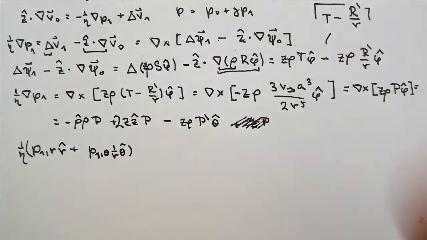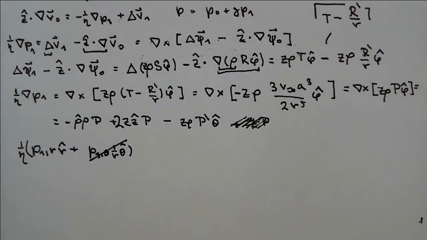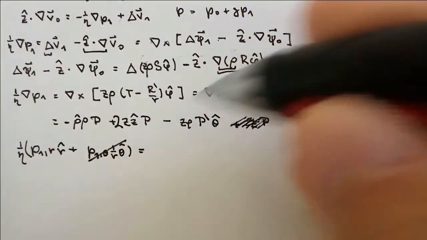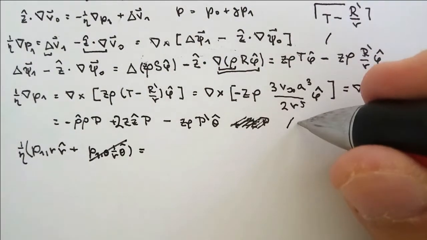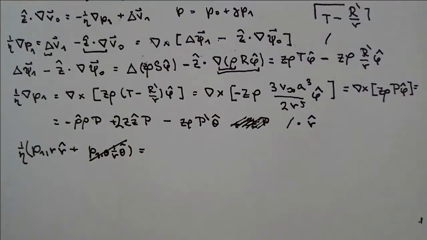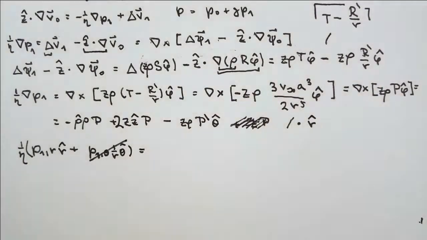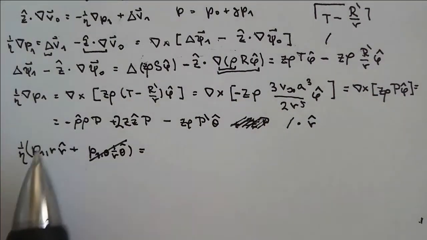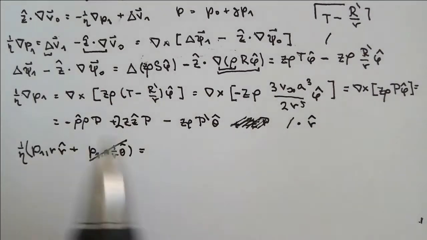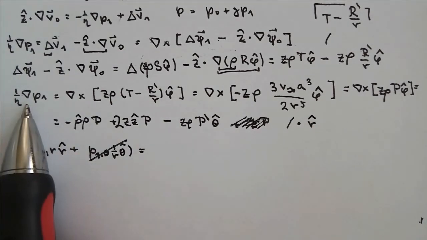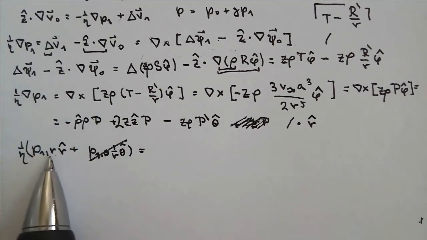So let us focus on the R component only, and this should be the R component of this. You can get this by taking the dot product with R hat. If you take the dot product with this equation and this, you will get the component only.